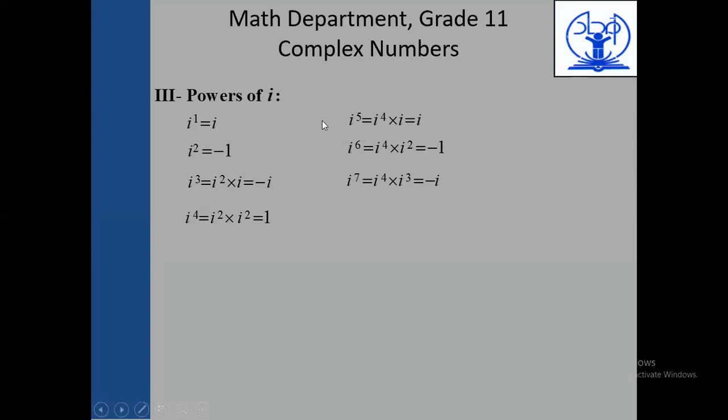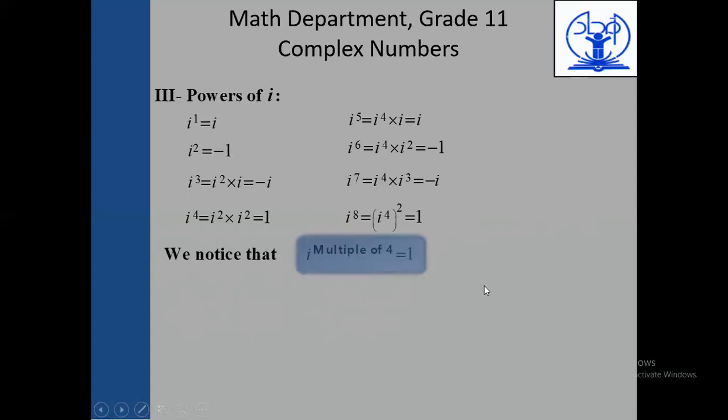As you can see, we are repeating ourselves here. i to the 5 is i, i squared is -1, and i to the 6 is also -1. i to the power 3 is -i, and i to the 7 is -i. And finally, i to the 8 is i squared to the power 4, or i to the 4 to the power 2, it's 1. What can you notice here?